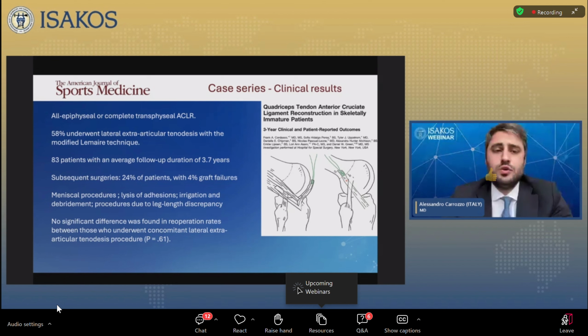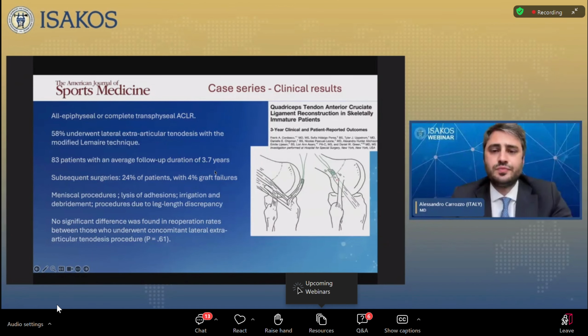The authors found that 24% of patients had subsequent reoperation for meniscal procedures, septic arthritis, lysis of adhesions, or limb length discrepancies, but no significant difference in reoperation rate was found between patients who underwent concomitant lateral extraarticular tenodesis or patients with isolated ACL reconstruction.